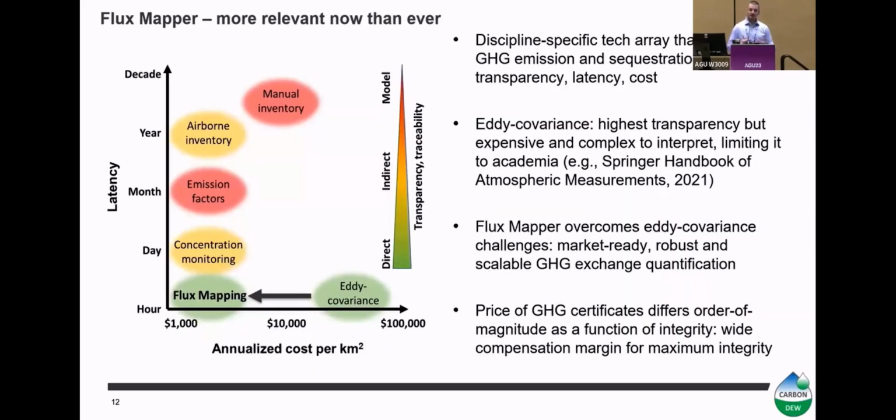Now, what we see happening here is that we essentially squeeze a lot more information out of this type of existing flux tower or flux aircraft data than what was traditionally done over the last 7 decades.